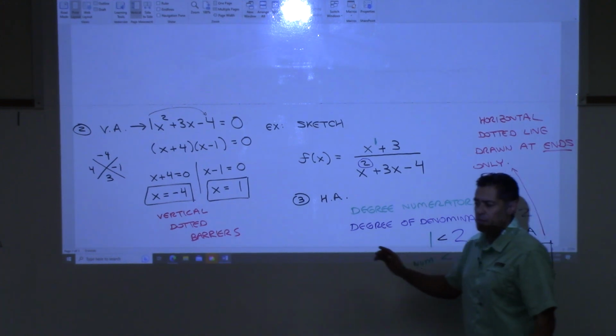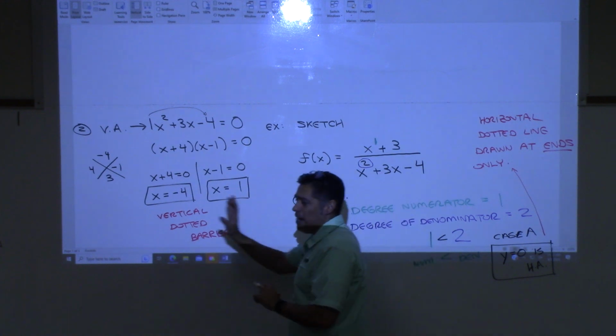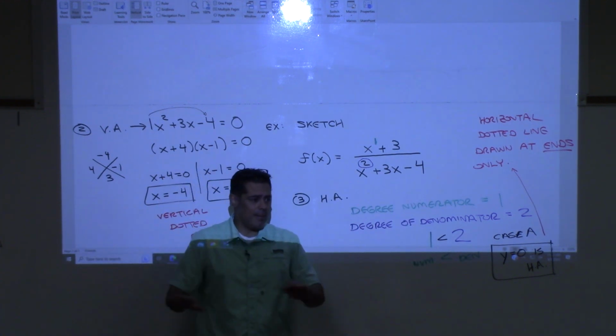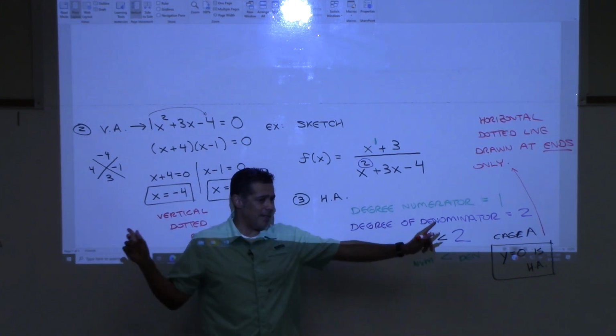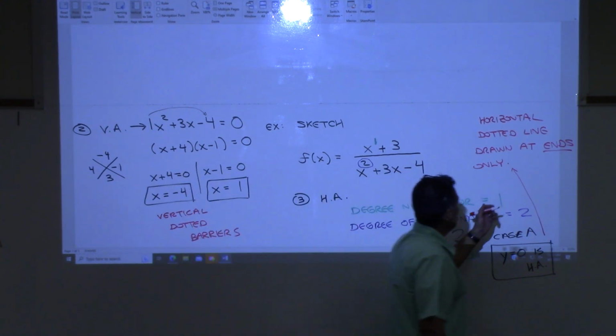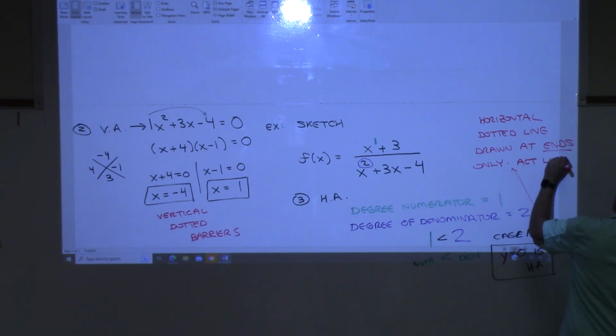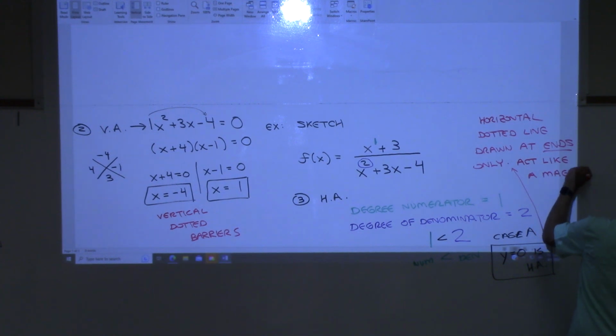So the horizontal asymptote tells you what's happening to the graph way out to the right and way out to the left. It tells you nothing about what happens in the middle, only about the ends. And then it acts like a magnet. It pulls the graph towards it.